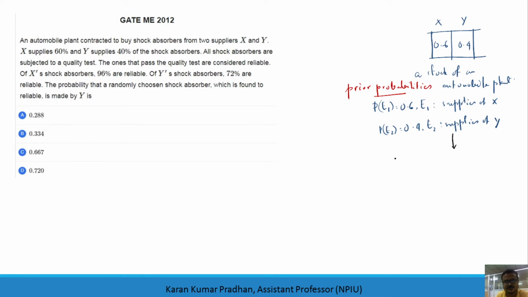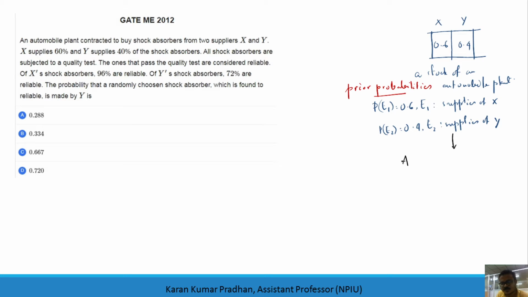Now from the problem, let us see what is happening. All the shock absorbers are subjected to a quality test. The ones that pass the quality test are considered reliable. Of X's shock absorbers, 96% are reliable, and of Y's, 72% are reliable. This is the new information we are getting on top of the prior information.